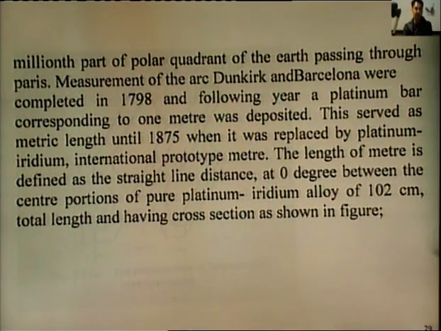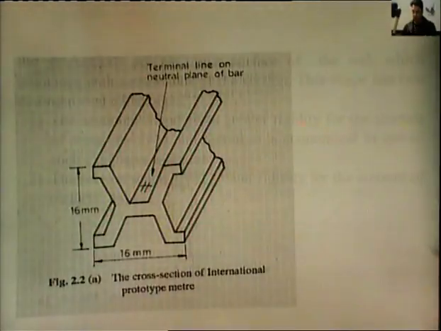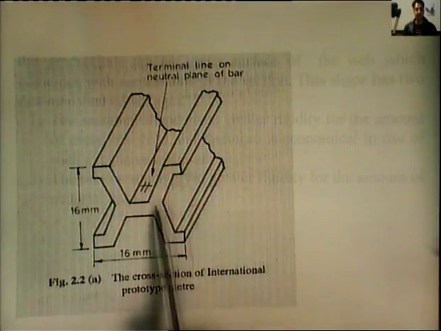The length of the meter is defined as the straight line distance at 0 degrees centigrade between the center portions of a pure platinum iridium alloy bar of 102 centimeter total length and having the cross section as shown in the figure. This prototype meter has this kind of cross section.